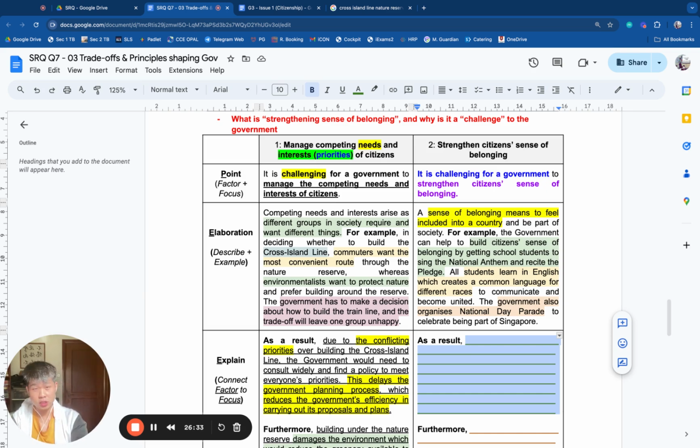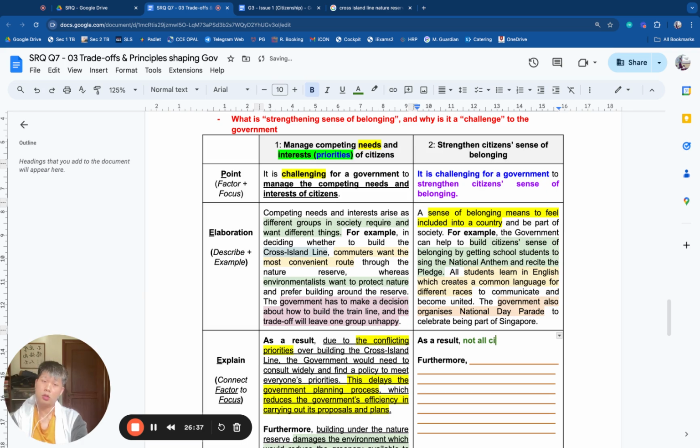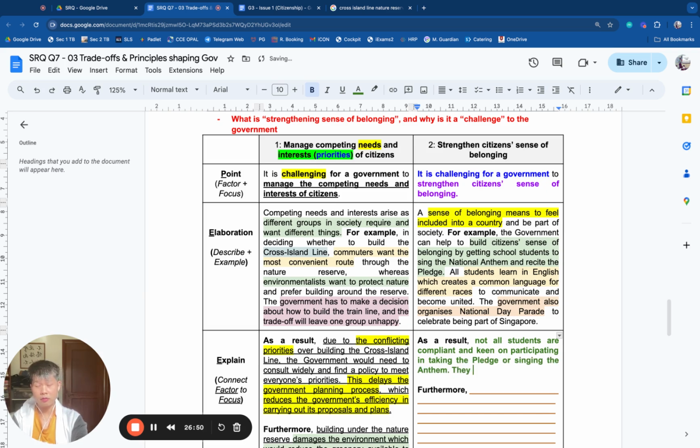So one challenge is not all citizens, not all students are compliant and keen on participating in taking the pledge or singing the anthem. They may view such practices as a chore and as an onerous chore.